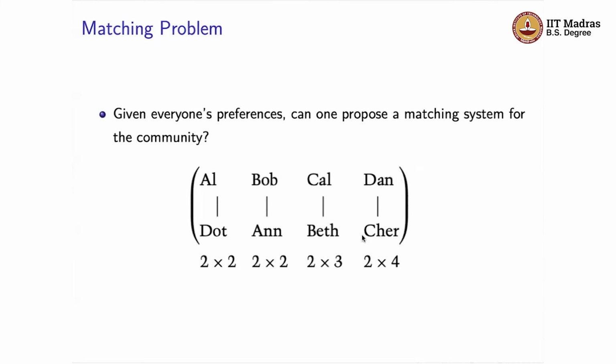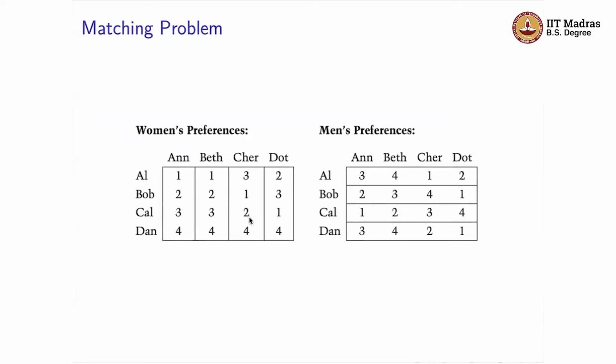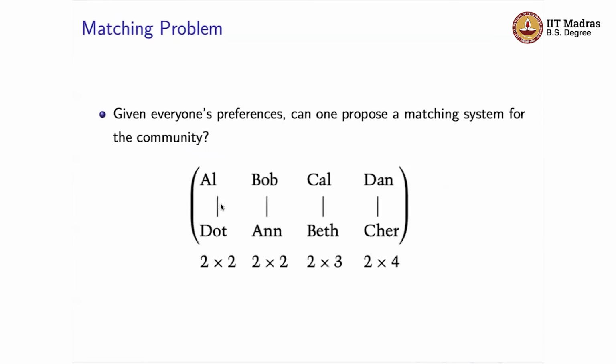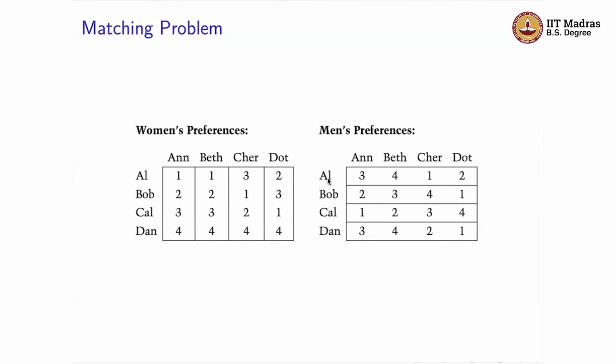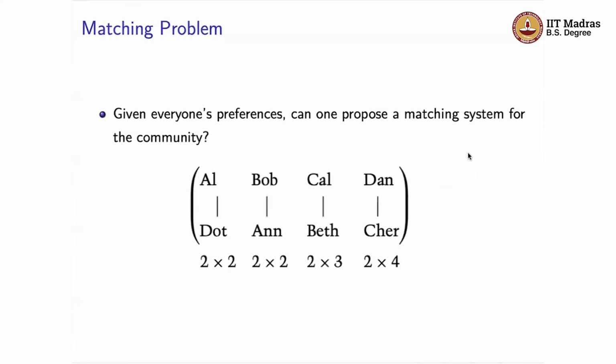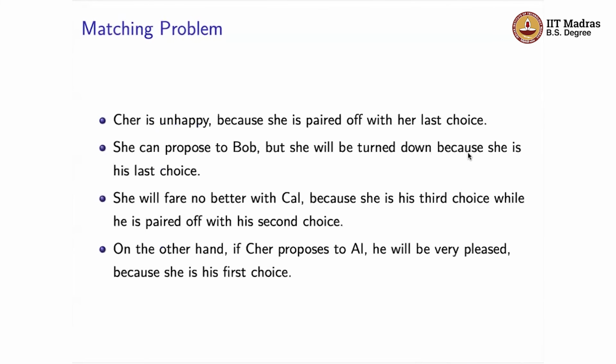The other option is that Cher goes to her third preferred choice, who is Al. And Al was earlier paired with Dot. But we can see that Al ranks Cher as the best, so he ranks Cher over Dot. So if Cher goes and proposes to Al, then Al is going to accept Cher's proposal, and both of them are going to object to the matchmaker's proposal.